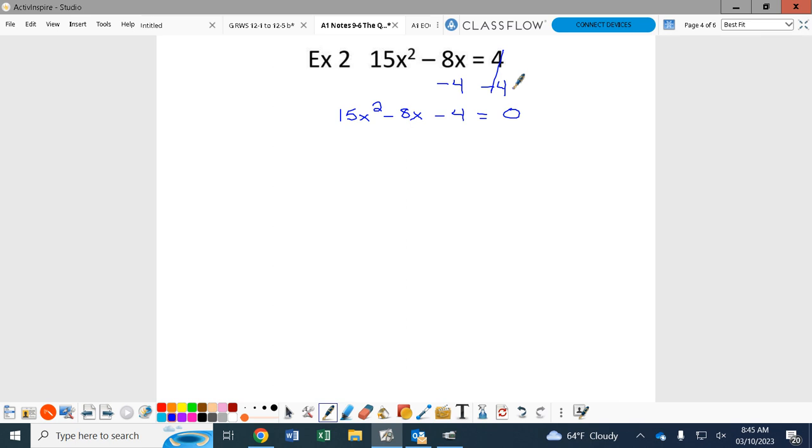Nothing is like terms. All we're doing is literally listing it from the highest power down to the lowest. Once it is equal to 0, you're able to pull out your A, your B, and your C. In this case, A would be equal to 15. The B would be equal to the negative 8. And the C would be equal to the negative 4.